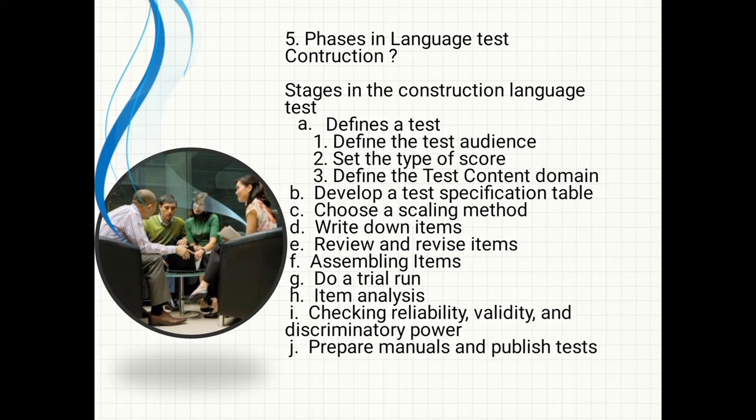B. Develop a test specification table. The specification table is a kind of blueprint or plan to determine the relative weight of each component in the test, so that it is seen as truly reflecting the measured construct domain content.